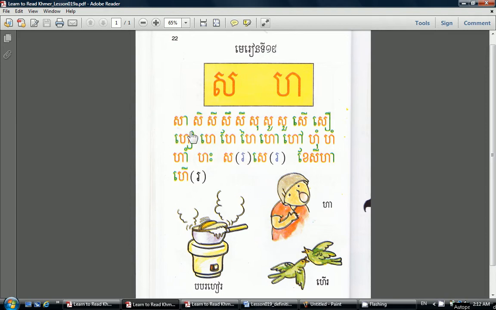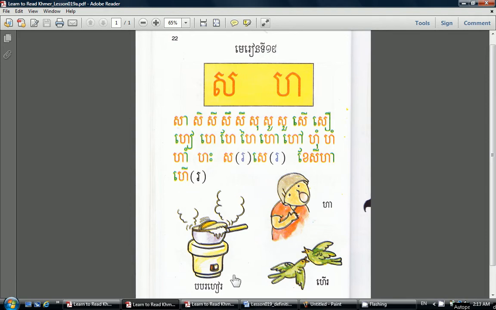Sa sra sa, sa sra se, sa sra say, sa sra so, sa sra su, sa sra sa, ha sra here, ha sra he, ha sra hai, ha sra how, ha sra hum, ha sra ha.